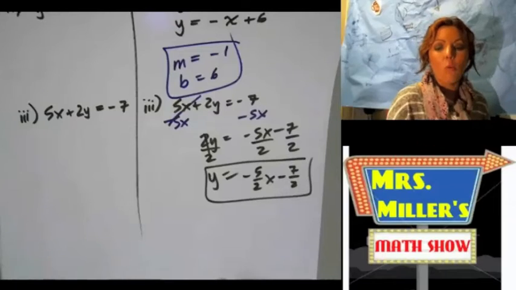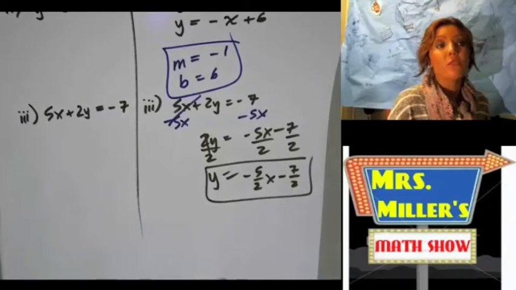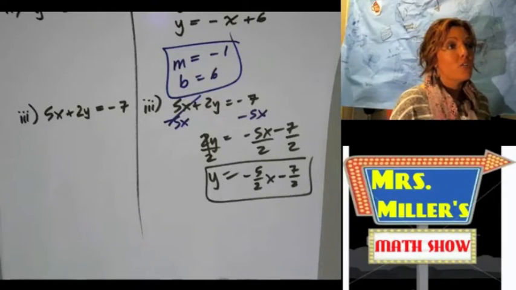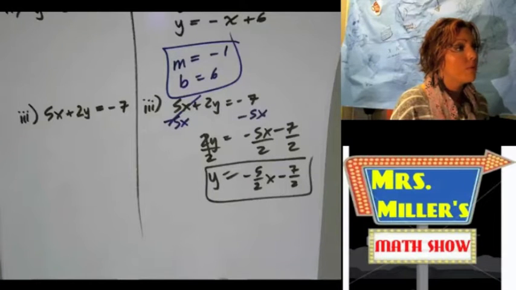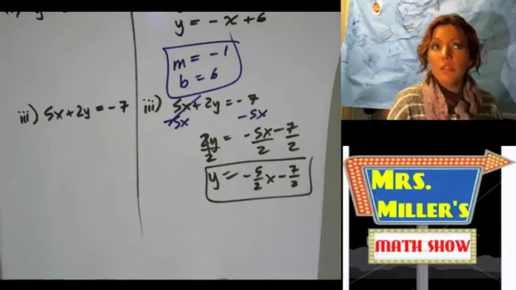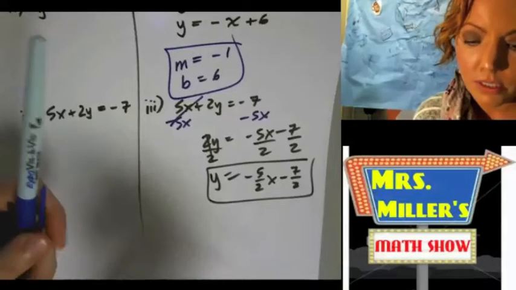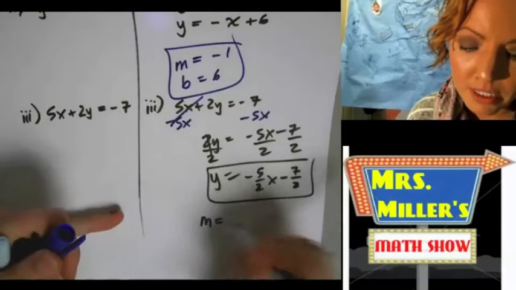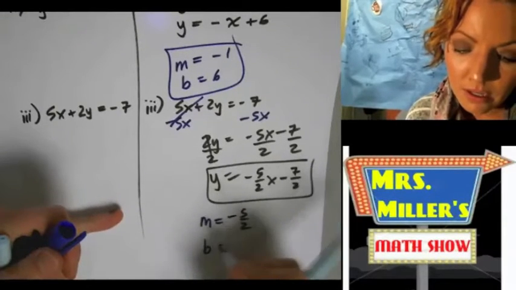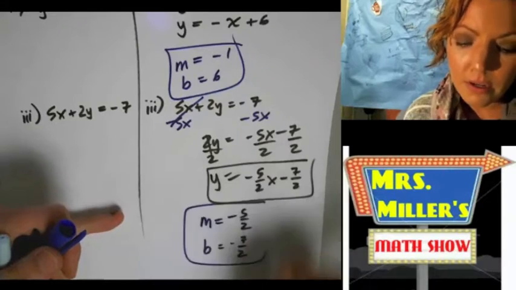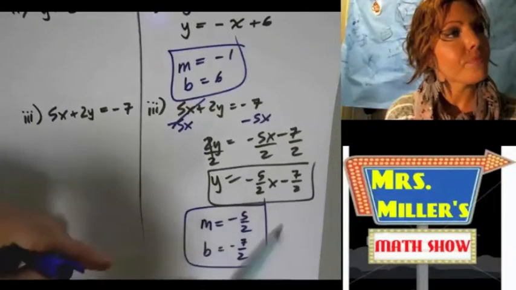Good. Now that's not what we were supposed to do. We were supposed to find the slope and the y-intercept. So you guys tell me, can someone tell me what the slope is? Tyler? -5 halves. Good. Rebecca, y-intercept? Good. All right, questions?